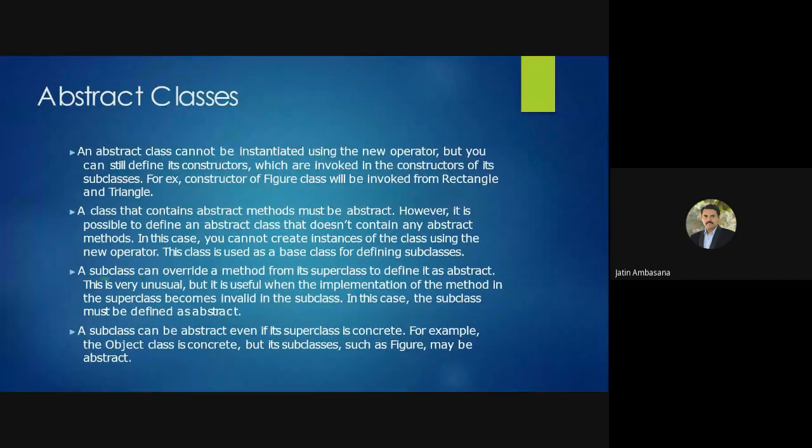And a subclass can override a method from its superclass to define it as abstract, or to actually implement it. Okay. But this is unusual because it is useful when the implementation of the method in the superclass becomes invalid in the subclass.